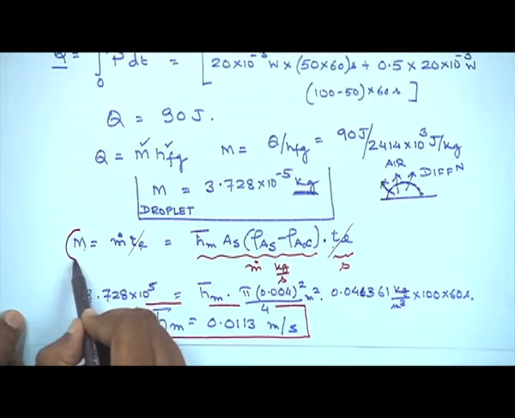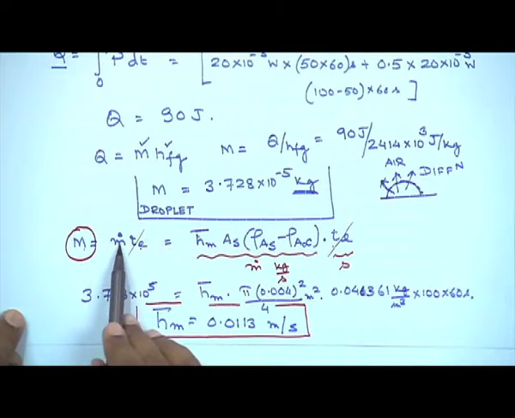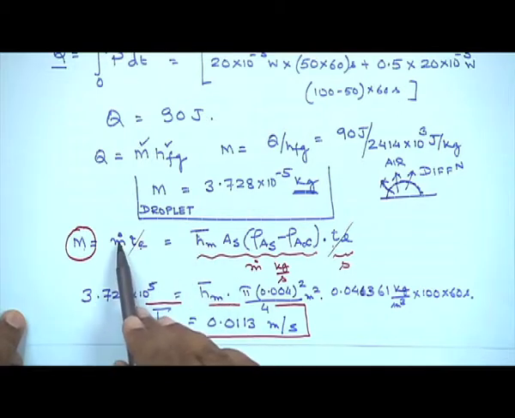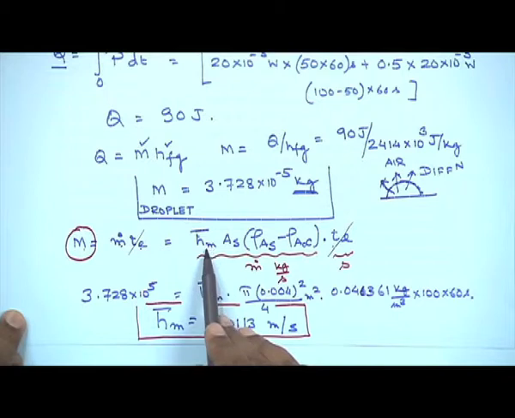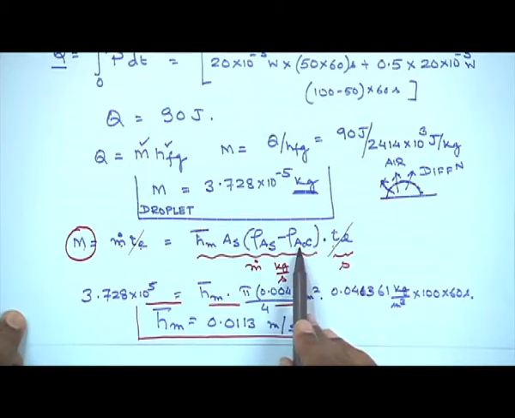So, mass of the droplet must be equal to the mass flow rate, the average mass flow rate over the entire period of T e, and this average mass flow rate would be the average mass transfer coefficient, convective mass transfer coefficient into area times the concentration difference multiplied by T e.